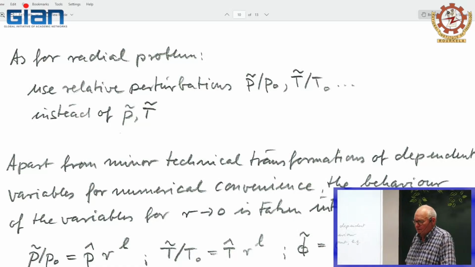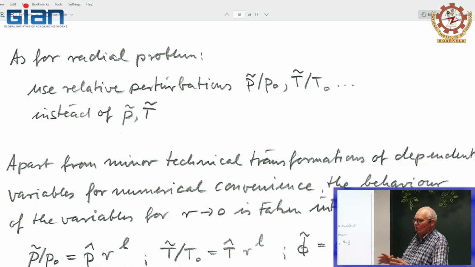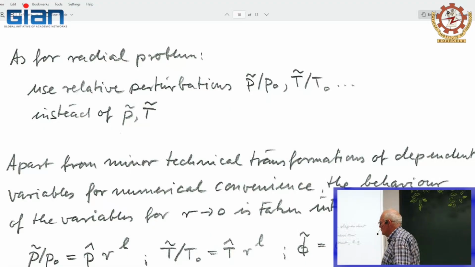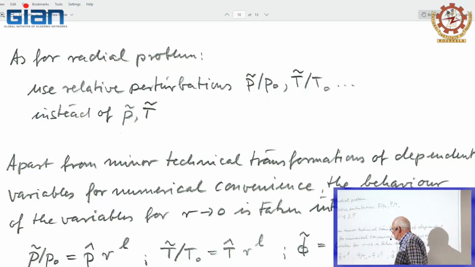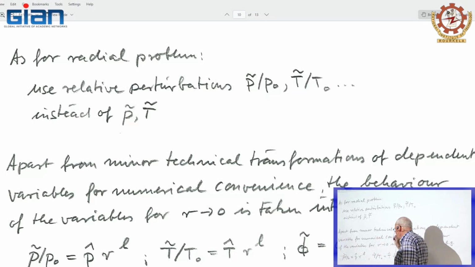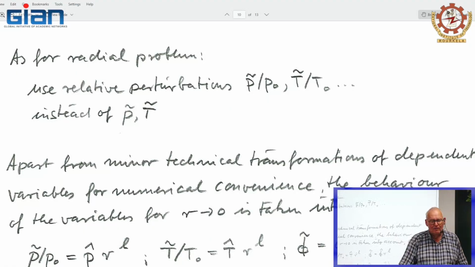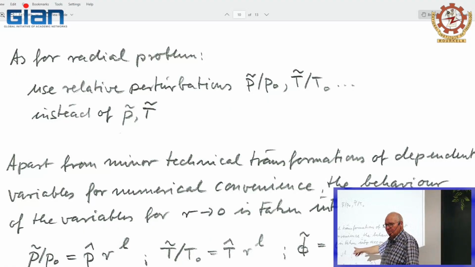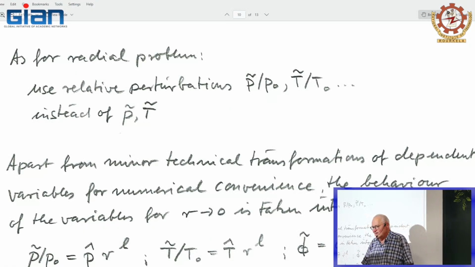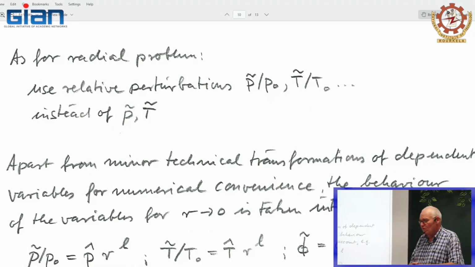Once we want to calculate a complete stellar model extending to the very center of the star, then it's for numerical reasons, not for analytical reasons. For analytical reasons, we do not need to do it, but we observe that, for instance, pressure perturbation, temperature perturbation, and the potential perturbation go to 0 with the power r to L. R to the power L is the behavior of all these quantities once we go to 0 radius.